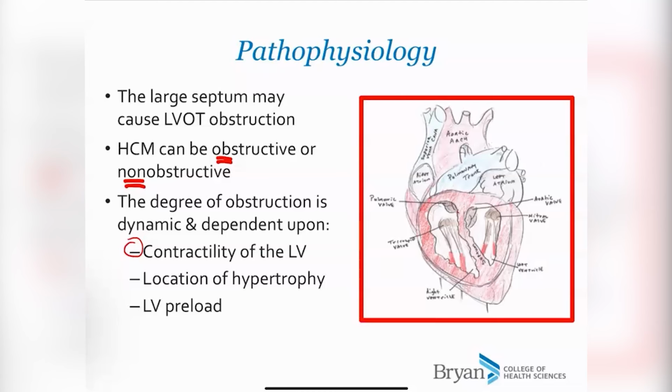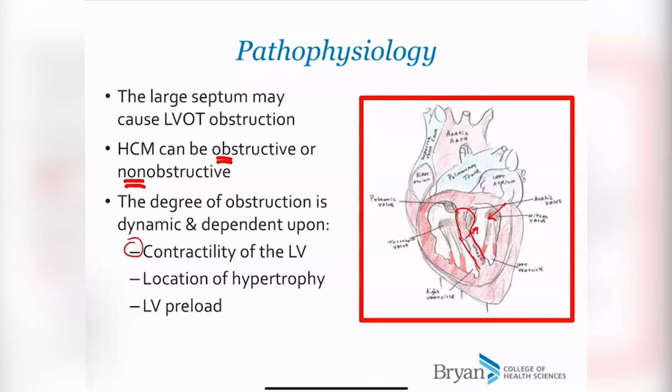And so if we have this septum that is laid down incorrectly, you have increased contractility that's going to produce increased squeeze of the left ventricle. That contractility is then going to position that septum further over and cause further obstruction.